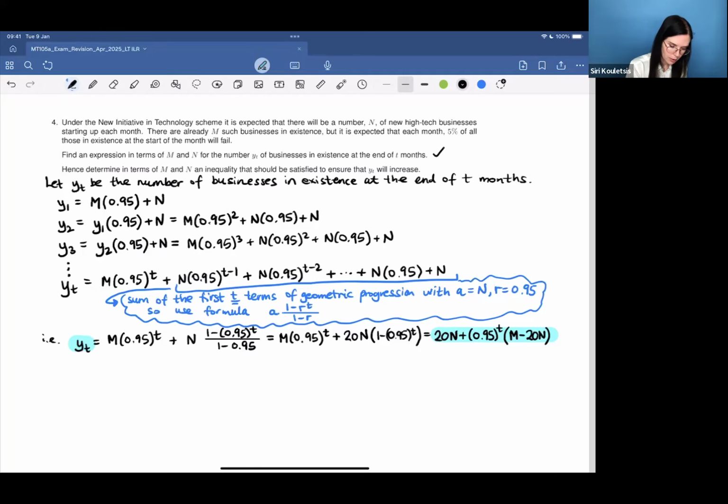Basically, what we're saying is that we would like for all t, yt plus 1 to be greater than yt, right? The next month should have more businesses than the previous month. And now we can use the expression we found for yt. Now yt plus 1 will be just replacing t with t plus 1.